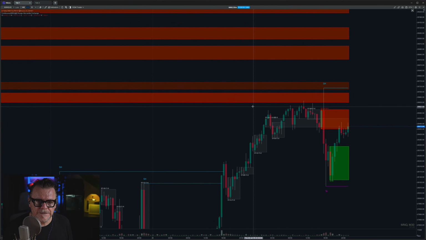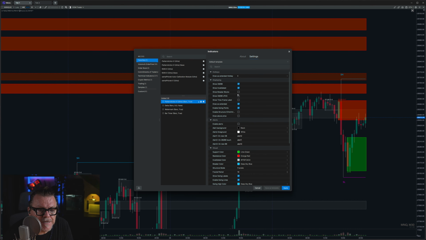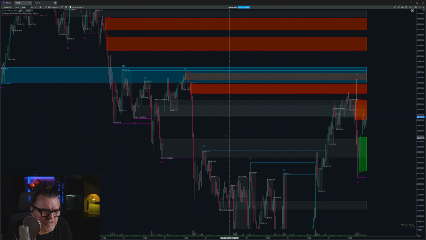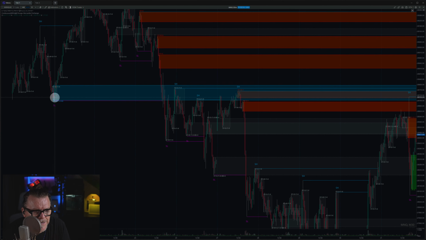And there are also, I think I turned them off, breaker blocks. These are breaker blocks. There are currently no breaker blocks. It's possible. This is a breaker block.